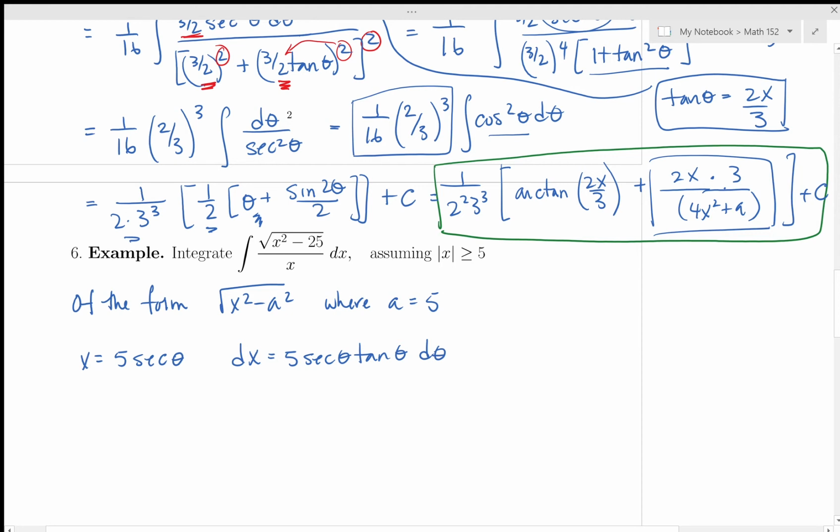What's coming into my head right now is that this identity is going to be important. Okay, I can say it either way. Tan squared plus 1 is equal to secant squared. Okay, and let's see what else.